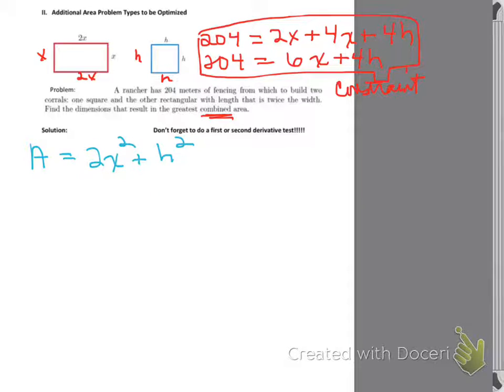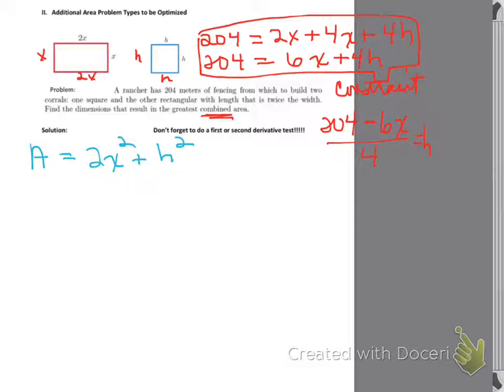So we need to replace either an h or an x. Since we're multiplying by 2 for the x, I think I'm going to replace the h. So let's go back to our constraint. So we'll work with that some more. And our constraint tells us that if I want to replace the h, 204 minus 6x over 4 will equal h.